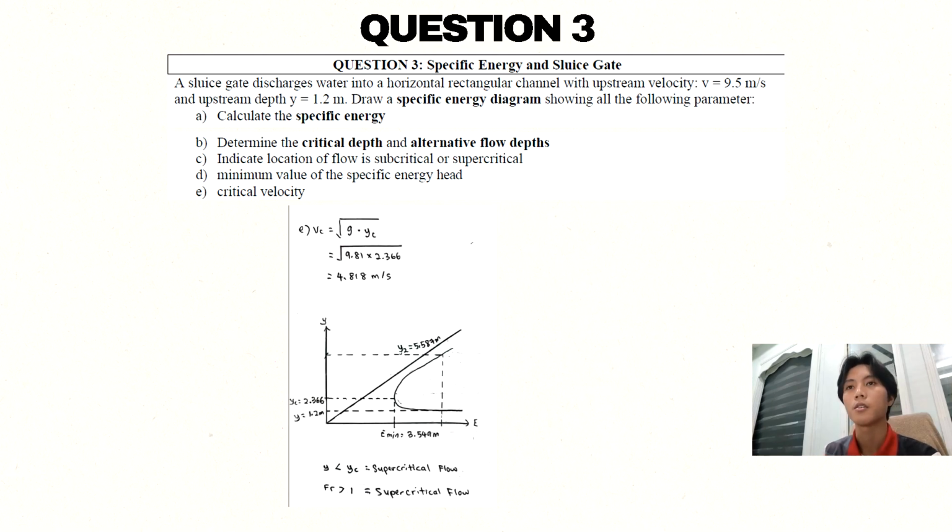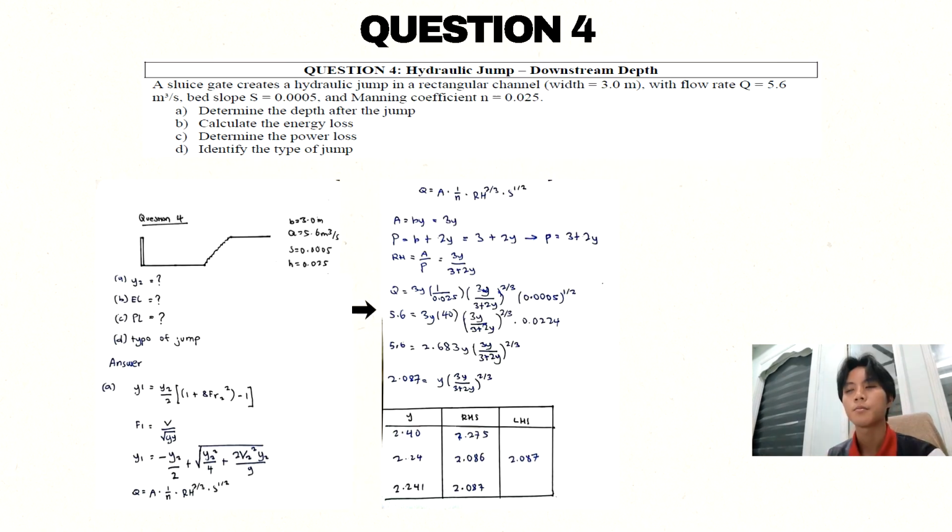As you can see, this is the graph, and we can conclude the final answer that y is lower than yc, so it is supercritical flow, and Froude is more than 1, so it is supercritical flow. Thank you.